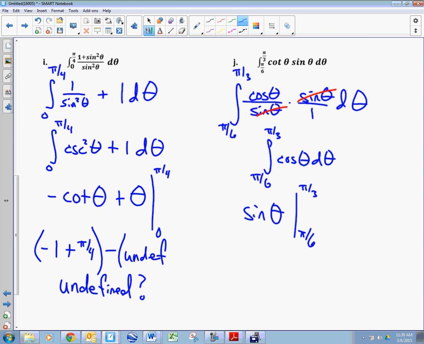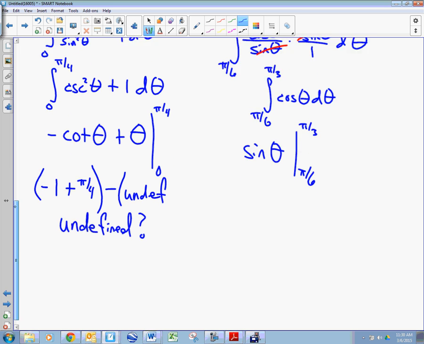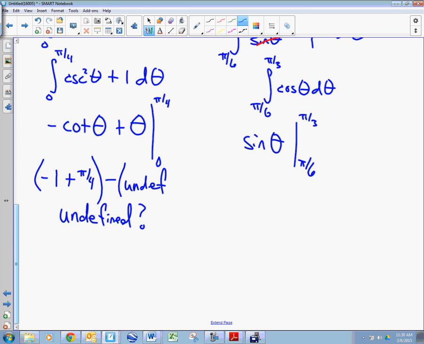Good. So now we need to evaluate sine of pi over 3. Let's try to do this exact. Let's bring back your trigonometry. There's a lot of trig here.